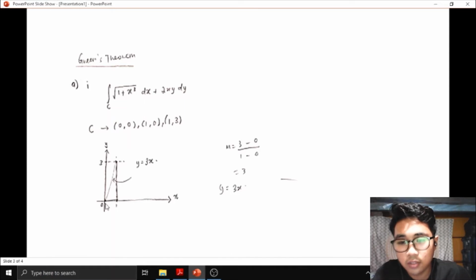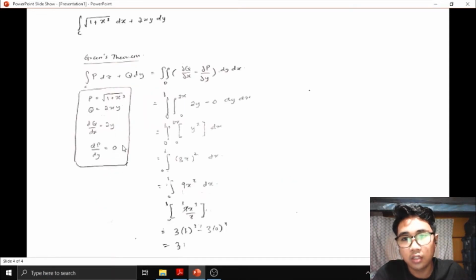With these three vertices, we will get a triangular loop, which means we can use Green's theorem to get the area of this graph.